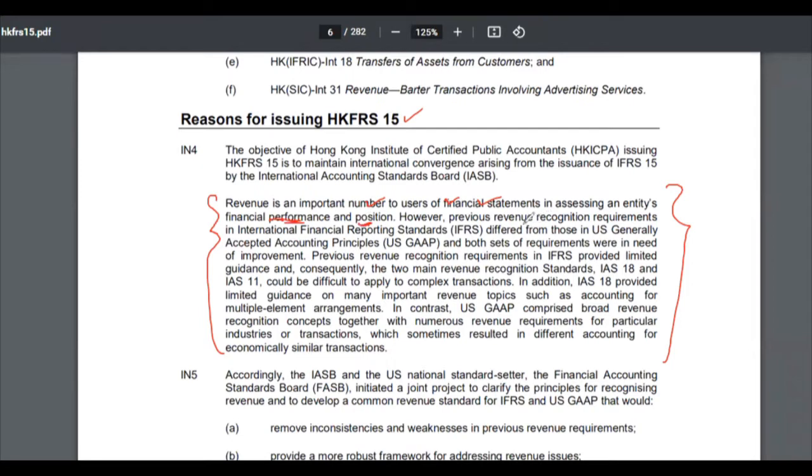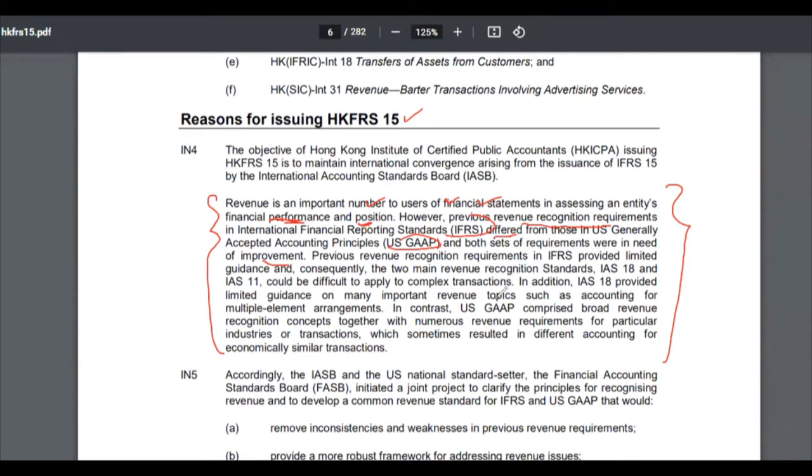But what was happening in previous standards is that the revenue recognition requirements for IFRS and US GAAP needed an improvement because they differed, right? There was a difference between IFRS and US GAAP.